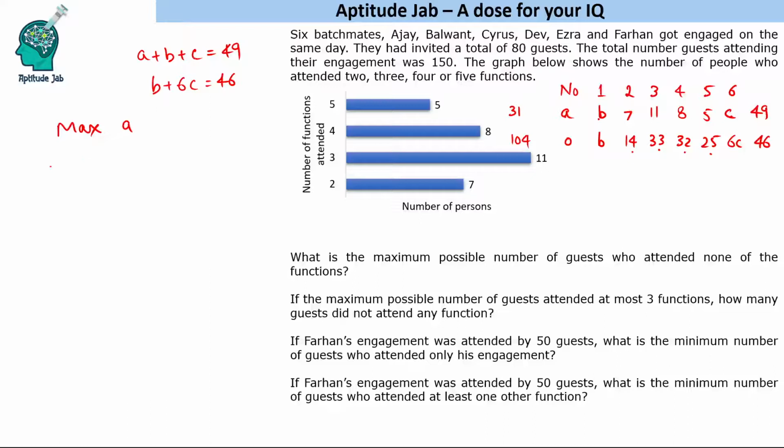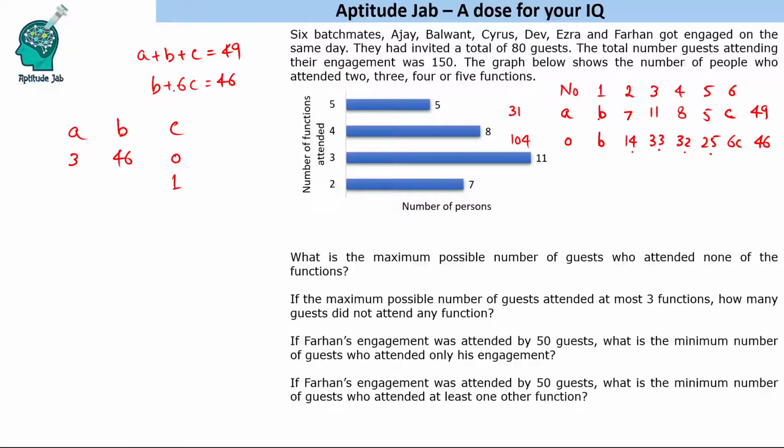Let us see the conditions. What are the possible values of A, B, and C so that we understand it? A plus B plus C total is 49. If we put C equal to 0, B will be 46, A will be 3. We can have C equal to 1.